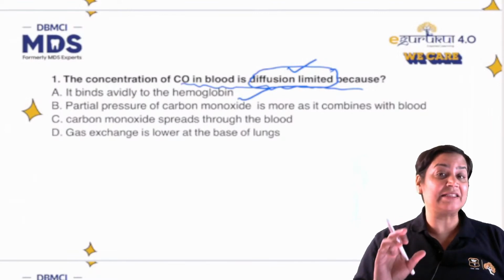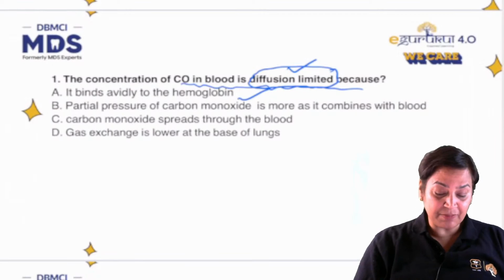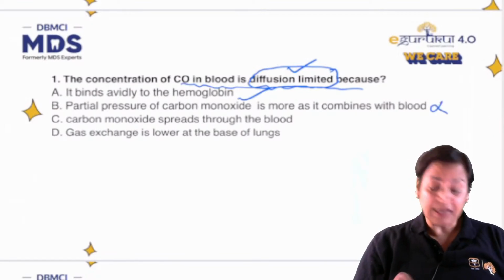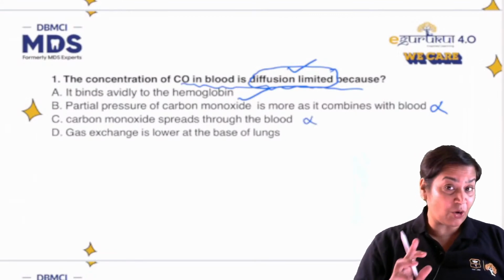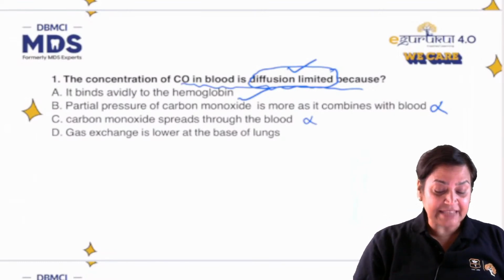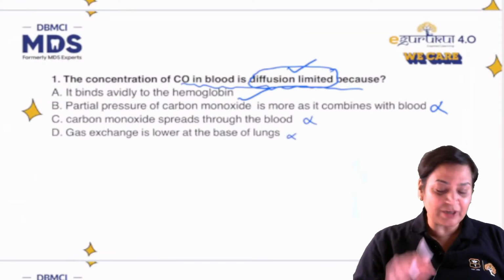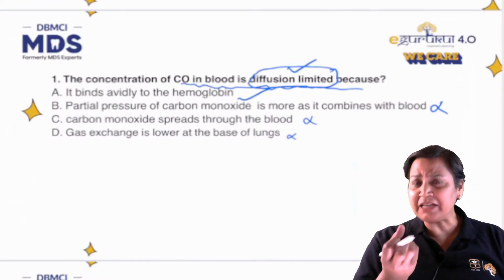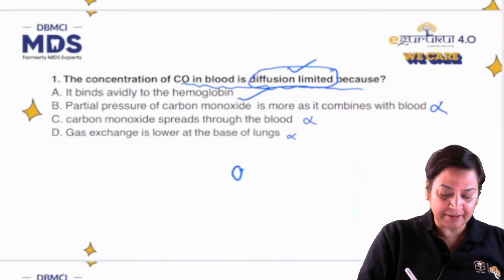That is why it has a limited diffusion property. If we look at other options, partial pressure of carbon monoxide is more as it combines with blood, it cannot be the option. Carbon monoxide spreads through the blood, again it cannot be the option, because here they are talking about limited diffusion, how the movement is made possible. And gas exchange is lower at the base of the lung, this is also not correct. So the answer to this question is straightforward, that it binds avidly to hemoglobin. It has a very tight binding capacity with heme. So the answer to this question is A.